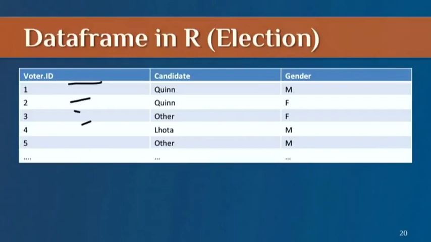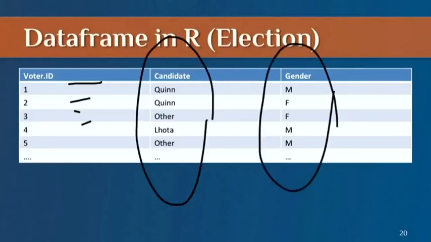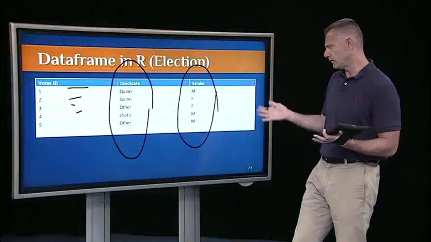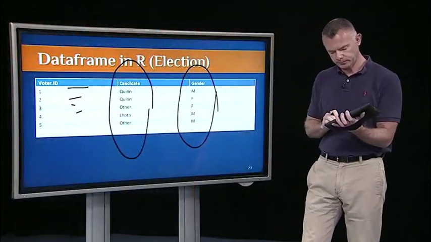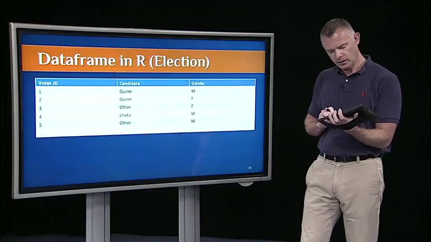They're each represented by row. And then in the second column, I just put down what candidate do they prefer, Quinn, LODA, or other. And then I also put in gender, because in the next segment we're going to use gender to see if there's a relationship between gender of the voter and their choice.